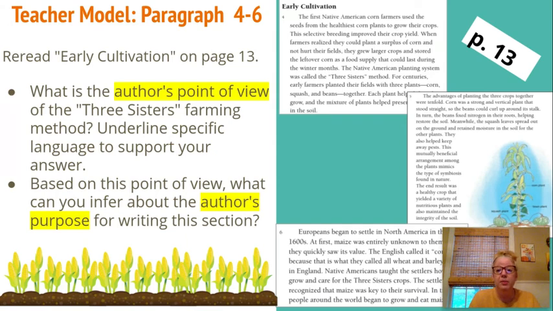The Native American planting system was called the Three Sisters method. For centuries, early farmers planted their fields with 3 plants, corn, beans, and squash together. Each plant helped the other grow, and the mixture of plants helped preserve nutrients in the soil.